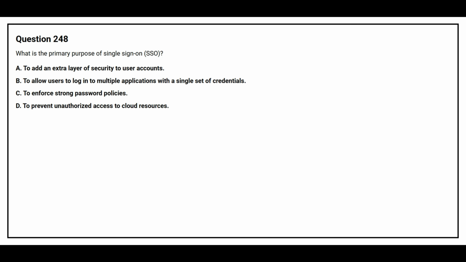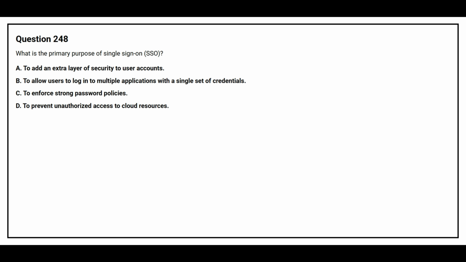Question number 248. What is the primary purpose of single sign-on (SSO)? Option A, to add an extra layer of security to user accounts. Option B, to allow users to log in to multiple applications with a single set of credentials.